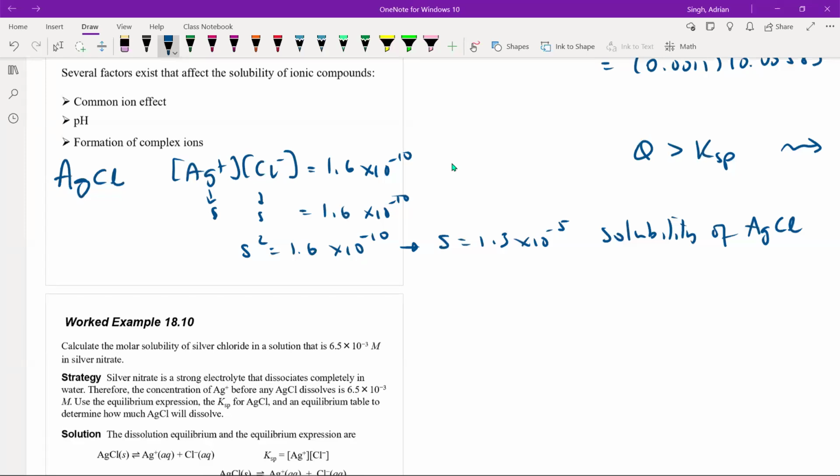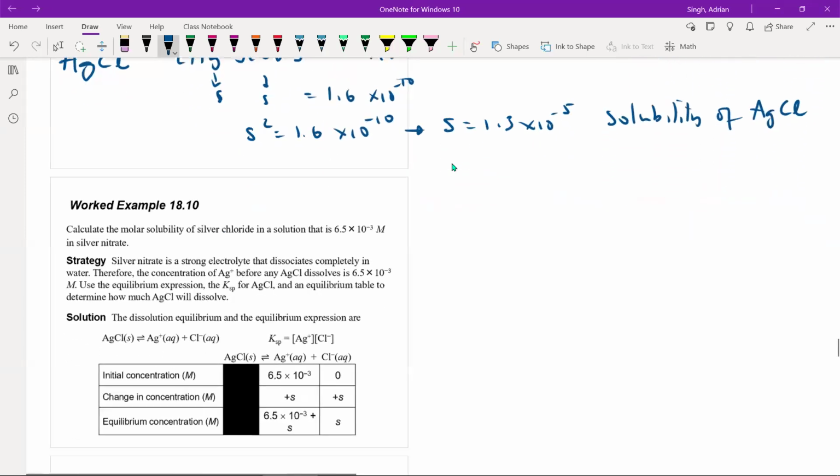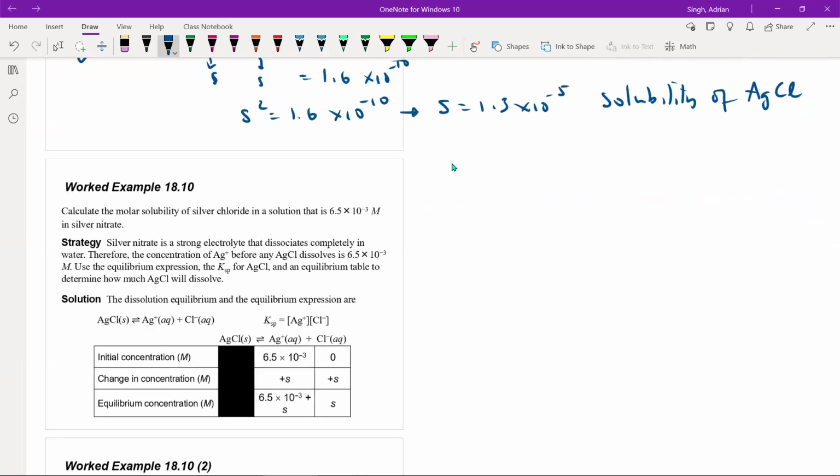So let's take a look at an example, again using silver chloride, but now it says calculate the molar solubility of silver chloride in a solution that is 6.5 times 10 to the minus 3 in silver nitrate. So now we want to determine the solubility of AgCl in a solution that already contains a solute that has a common ion.